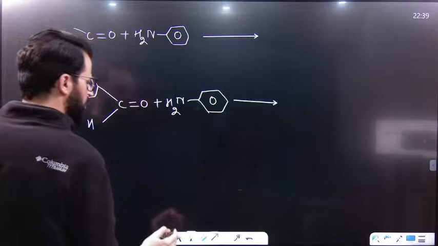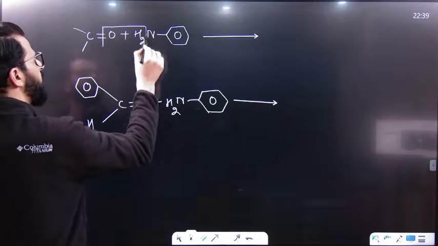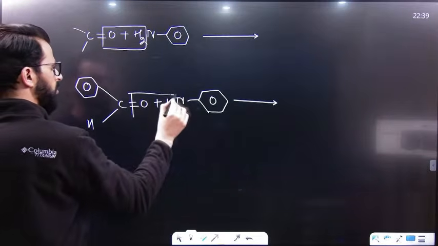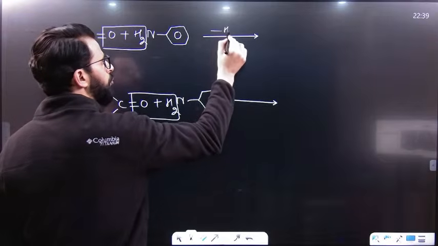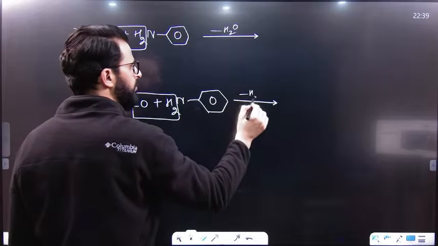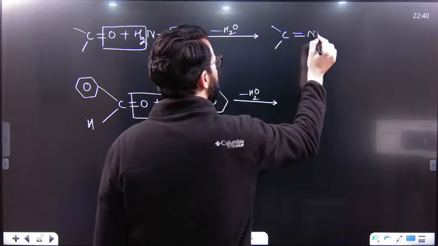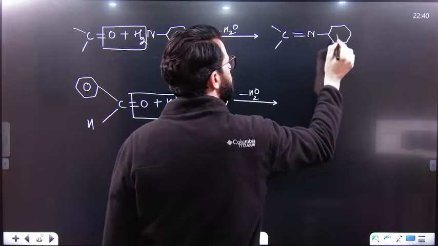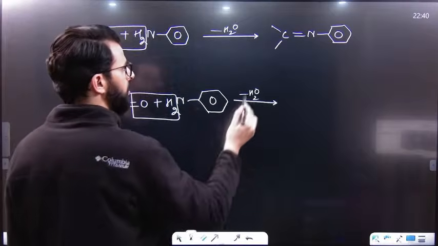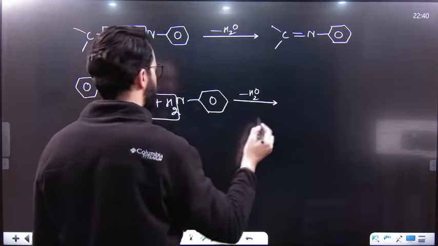It will be very simple. Loss of water will take place, so water will be removed. So what will be the product over here? It will be simply a double bond N and then this phenyl ring. That means an imine will be formed, but a substituted imine, that means Schiff's base.